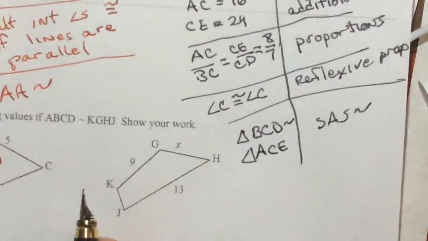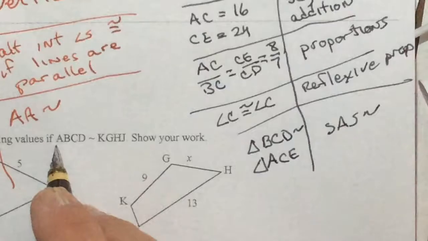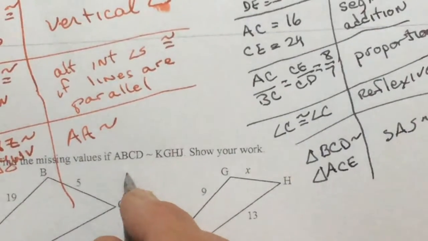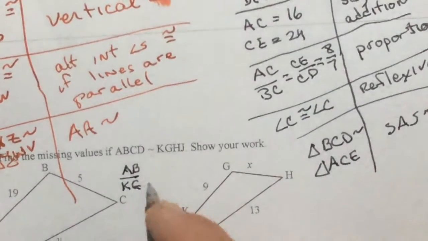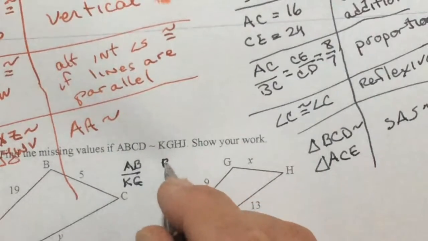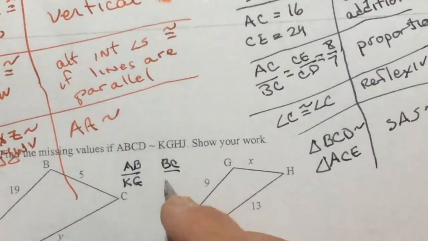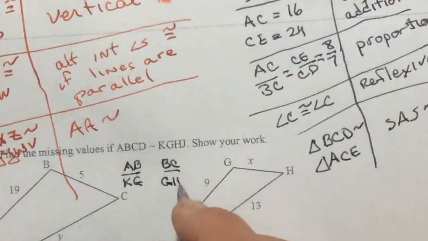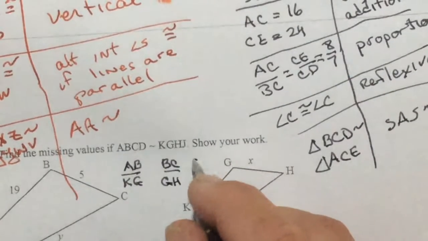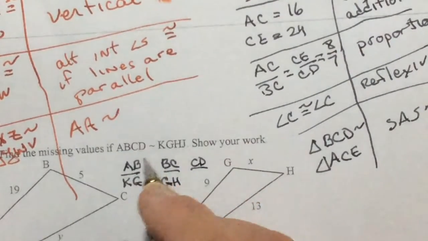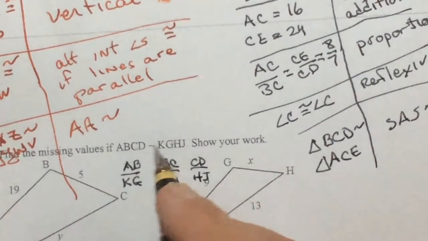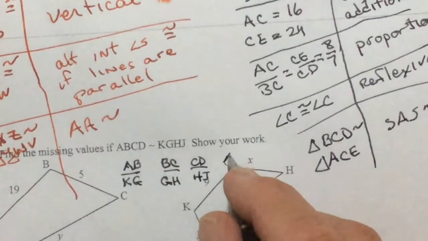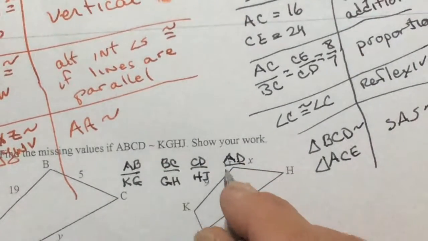similarity statements match up, because when you look at them, you want to know right away that AB corresponds to KG, that BC corresponds to GH, that CD corresponds to HJ, and that AD corresponds to KJ.